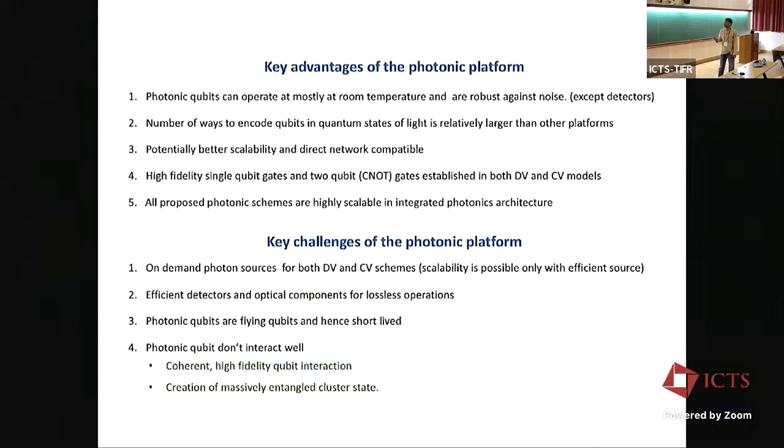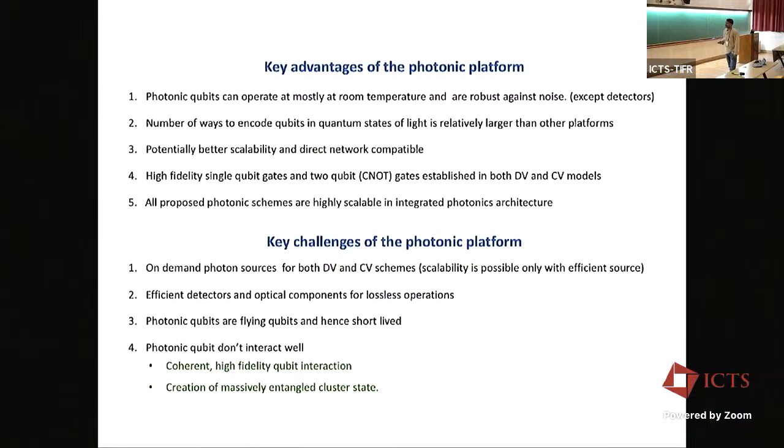But there are various advantages, because photonic qubits operate at room temperature and they're robust against noise. And there are a number of ways we can encode qubits. At the end, I can use degrees of freedom. All that I need is a Hilbert space where I can access an orthogonal basis. So the mapping can be done in various ways. You can scale them, and people have demonstrated high-fidelity gates in photonic systems.